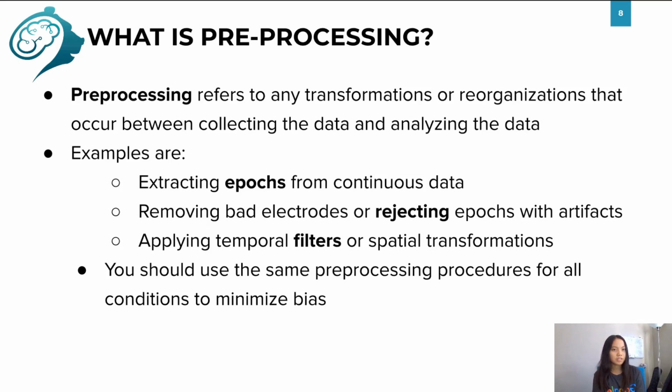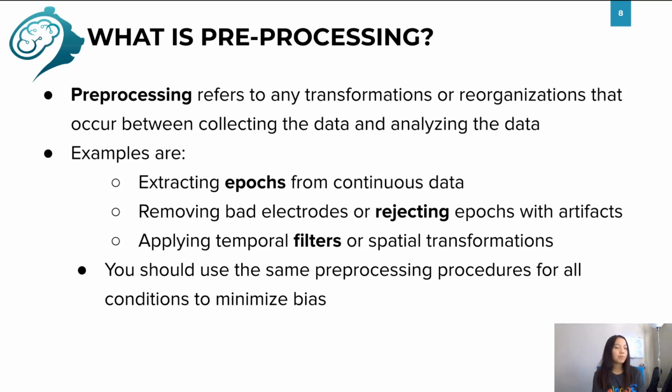Other pre-processing steps involve removing bad or artifact-ridden data without changing clean data, for example, removing bad electrodes or rejecting epochs with artifacts. And then some pre-processing techniques involve modifying otherwise clean data through the application of temporal filters or spatial transformations.